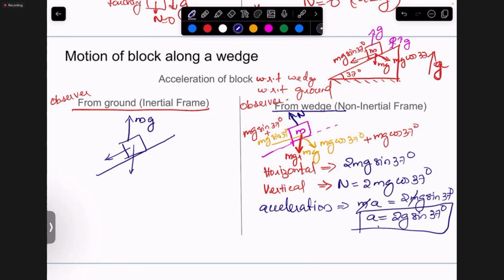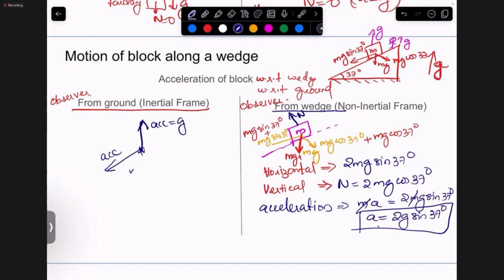I'll draw it like this. This is acceleration g. This is acceleration of this block initially, that is g sin 37 degree.